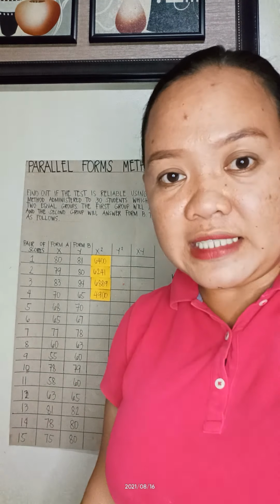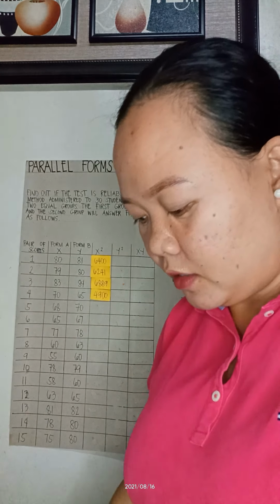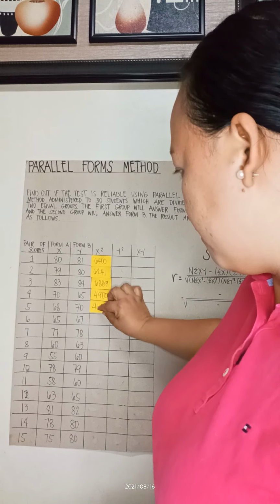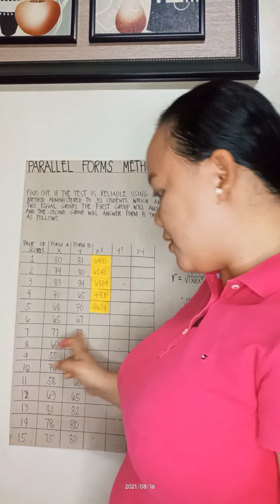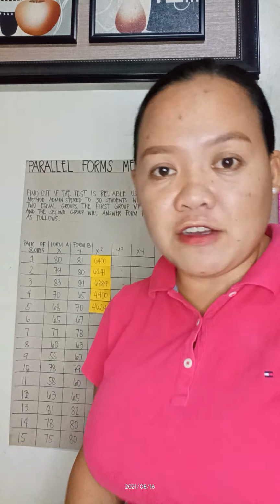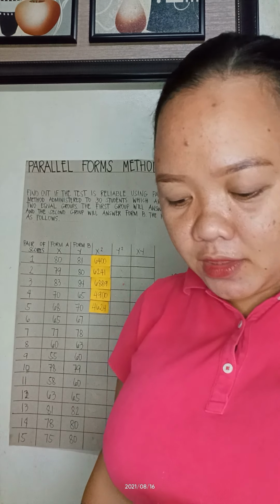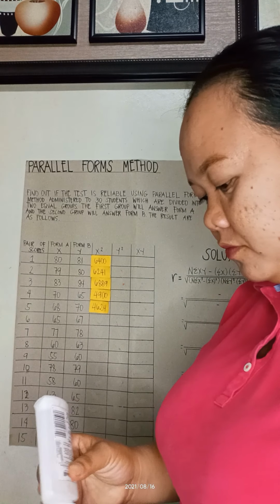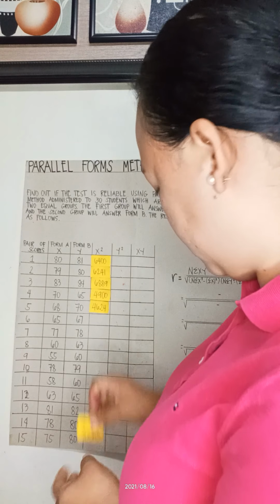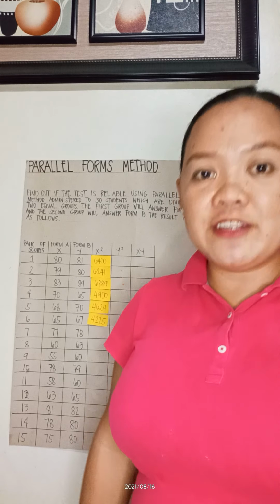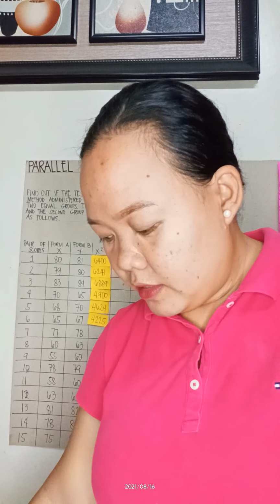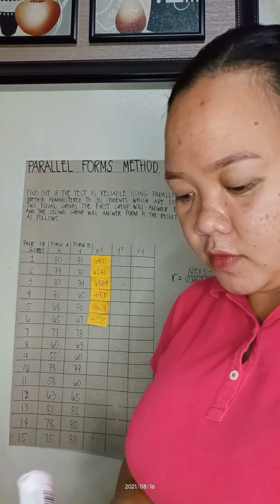68 squared is 4,624. Next, 65 squared is 4,225. Next, 77 squared is 5,929.